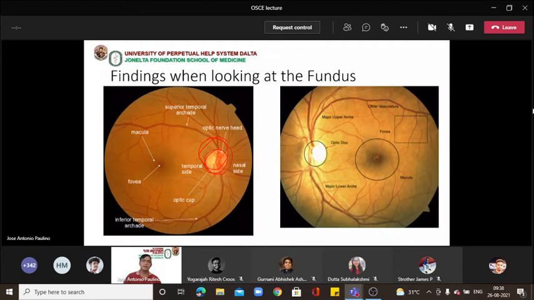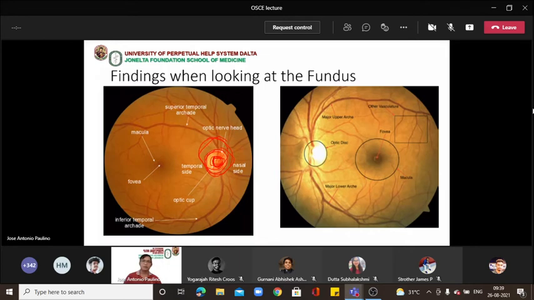So that's the next report that you would do, distinct disc borders, followed by looking at the optic disc and optic cup. The optic disc is the outer portion of the optic nerve, while the optic cup is the smaller, paler central portion. So the next thing you categorize or define is the cup disc ratio.